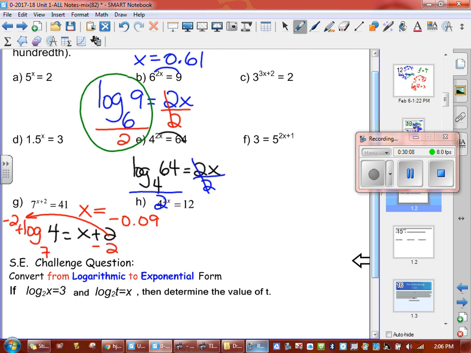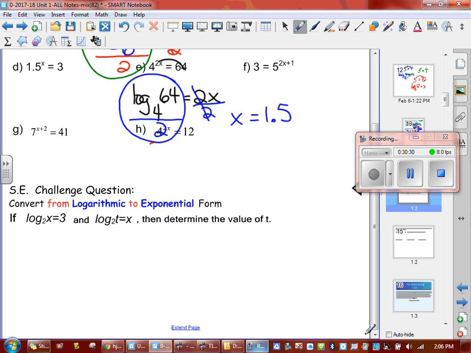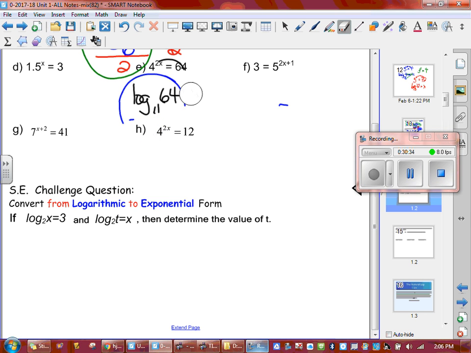All right, we're going to work on letter H. Let's just get rid of this confusion above you. So letter H, we're going to write the word log. Drop our 4 down because he's our base.